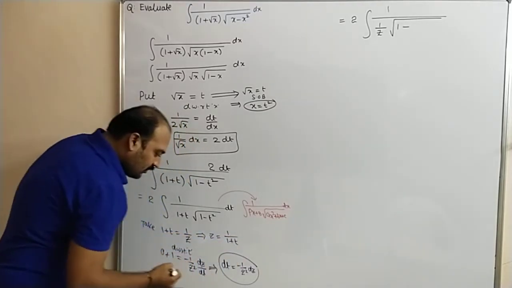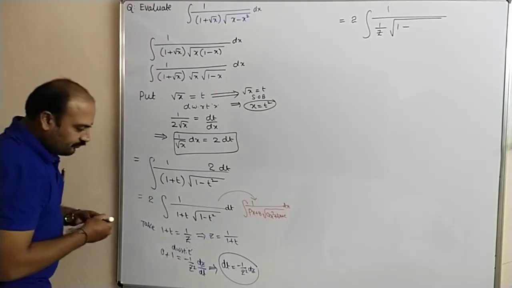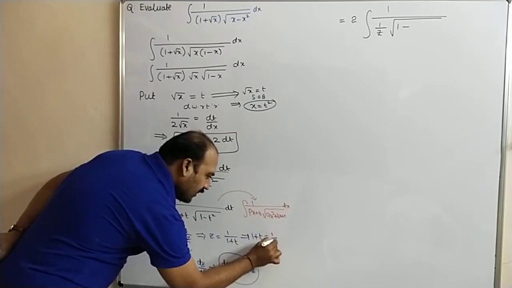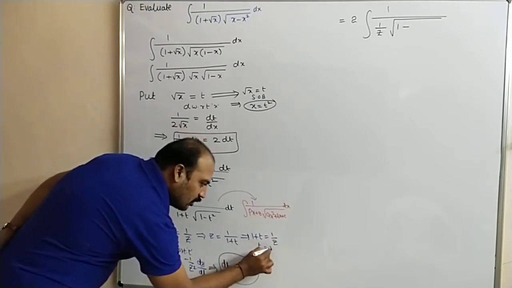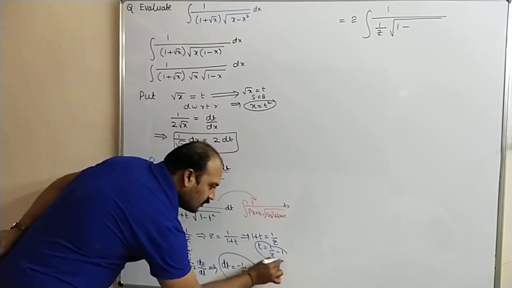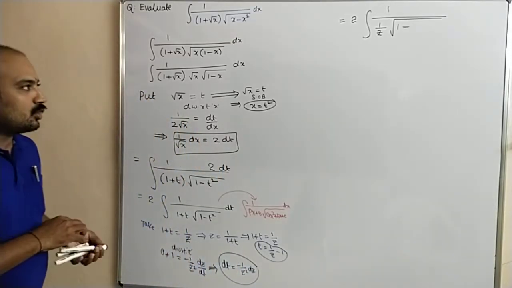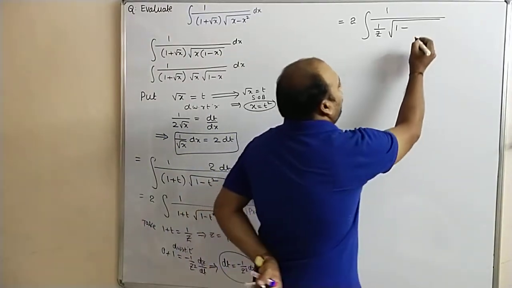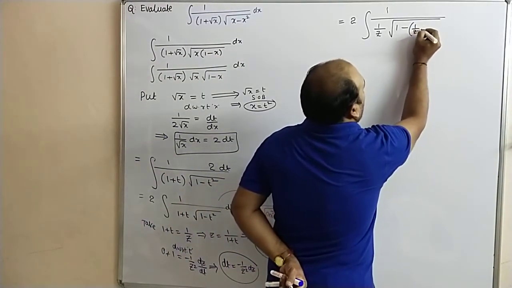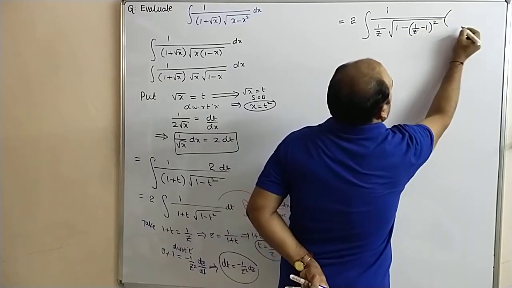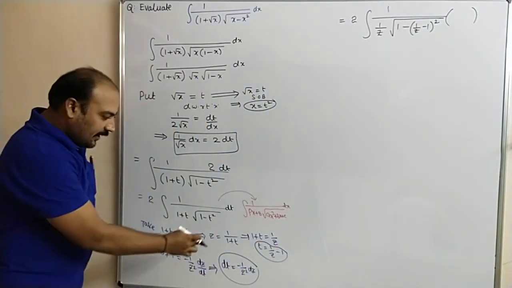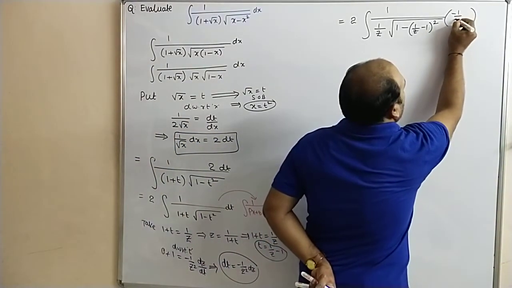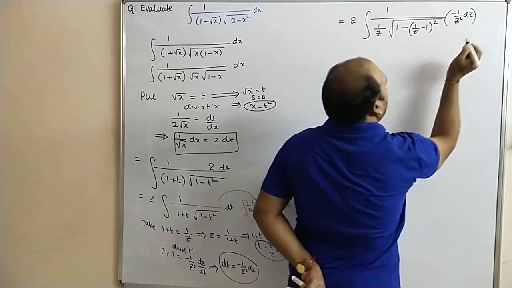So here 1 plus t is equal to 1 by z. So t is equal to 1 by z minus 1. That is the value of t. So in place of t, you have to replace with 1 by z minus 1, whole square into, in place of dt, minus 1 by z square dz.